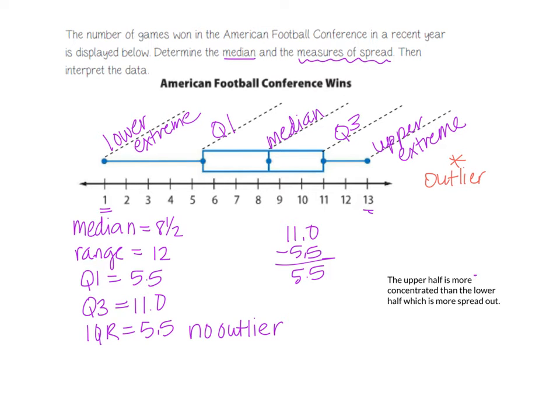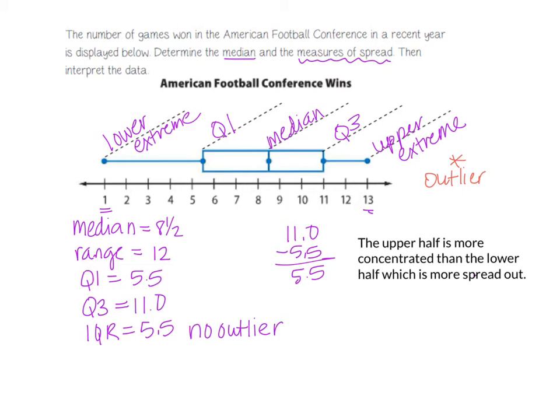We know that the lower 50% is larger. The upper 50% is more concentrated, but we don't know exactly where the numbers go. We know our lowest is 1, our highest is 13, our middle is 8.5. So we get to make some general assumptions with this.